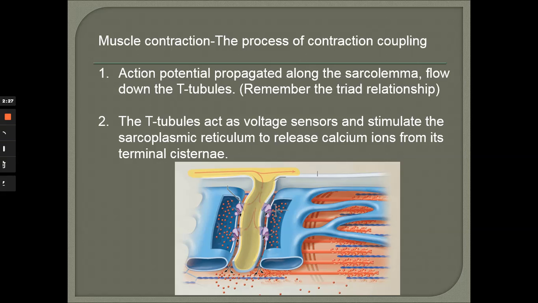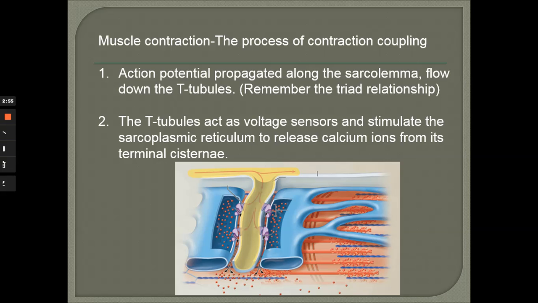Now the triad relationship. I said the triad was 1 part T-tubule and 2 parts of the endoplasmic reticulum, what we call the sarcoplasmic reticulum. They're kind of big swollen areas of that SR. And here they are represented in the picture. Now we have a name for those big swollen areas on either side of that T-tubule, and we call that the terminal cisternae.